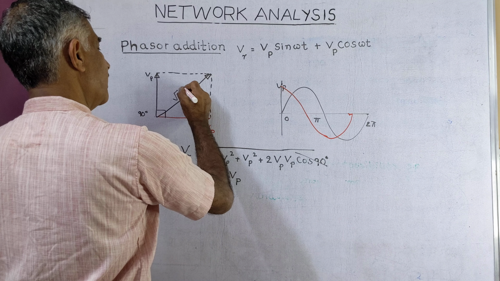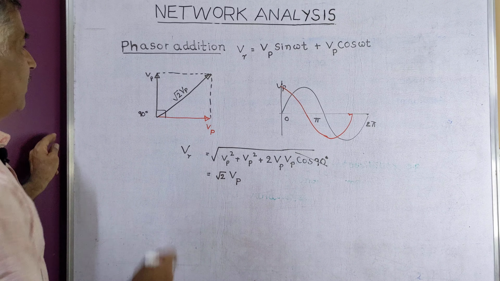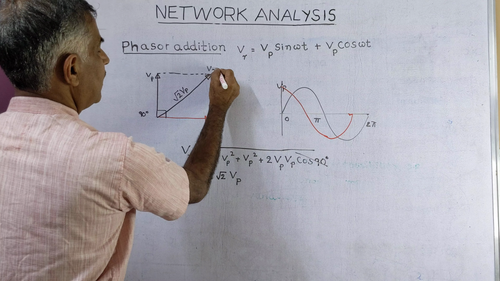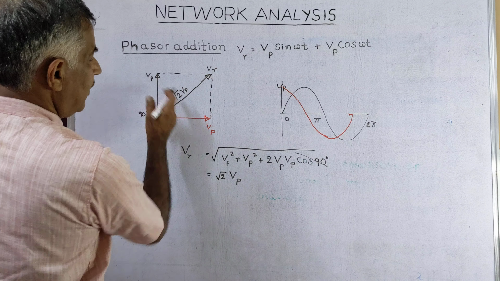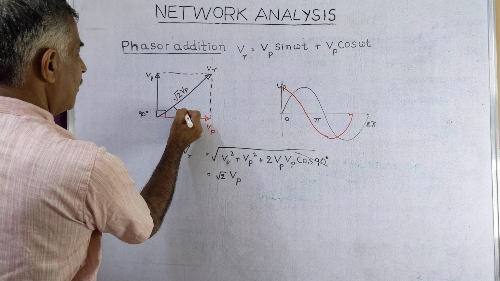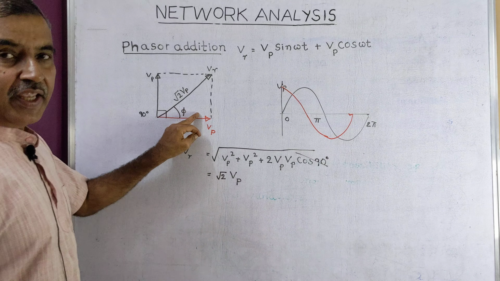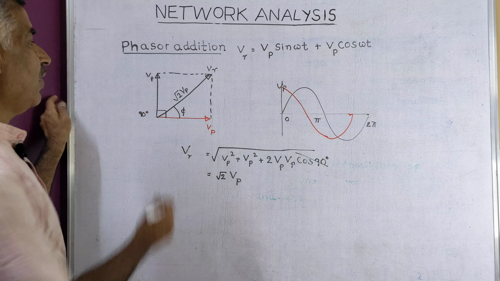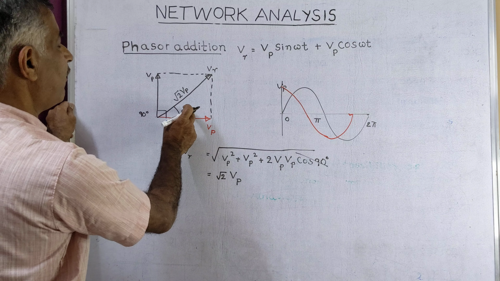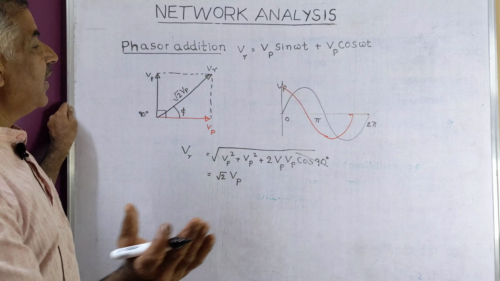Root 2 Vp. On adding the sine wave and cosine wave, the resultant is leading the sine wave, is it not? So it is ahead of this by an angle phi. You can find this angle phi in this right angle triangle. This phi is given by taking tan phi.